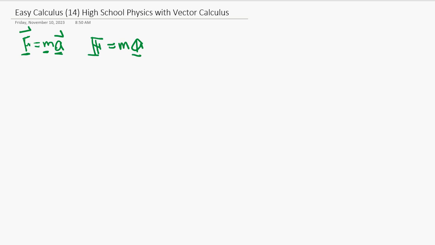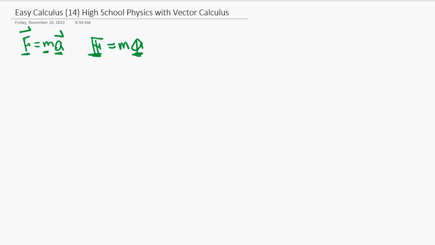Now you can tell the acceleration is always in the direction of force. F equals ma doesn't tell you much about direction, but in vector format, it tells you the acceleration happens along the direction of force. This already has a lot of physics meaning in the vector format.